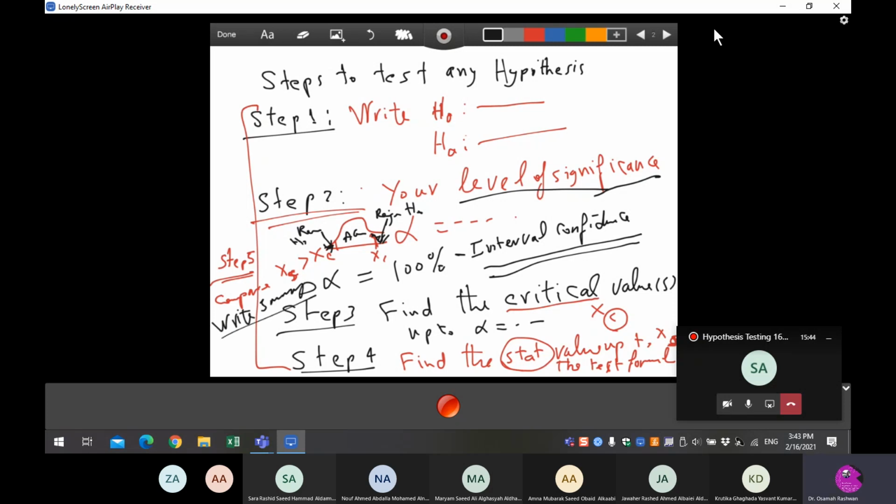Just translate step 5 into a conclusion, right? Again, how to do any test? Step number 1, you write the null hypothesis. This is very important, this is why I repeat it many times, right?